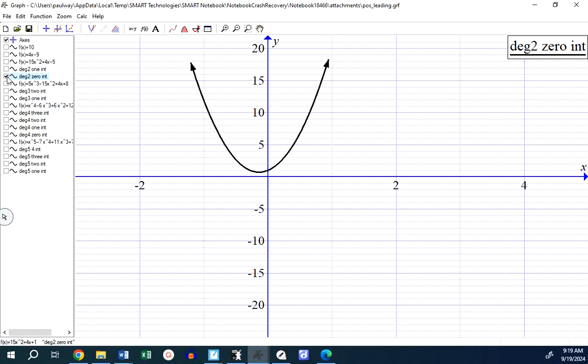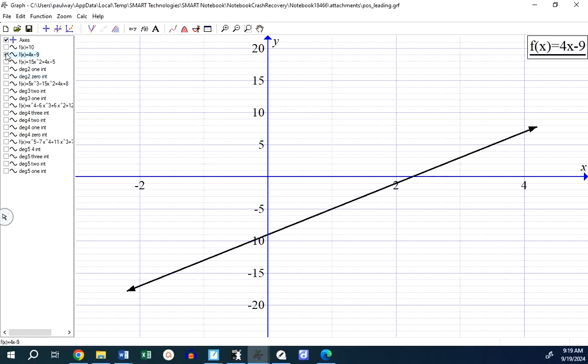You might want to give some thought as to why this graph, this shape, it's possible for it not to cross the x-axis. It's possible for a quadratic to have 0 x-intercepts, and yet it's impossible for a linear function to have 0 x-intercepts. Okay? We'll come back to that.